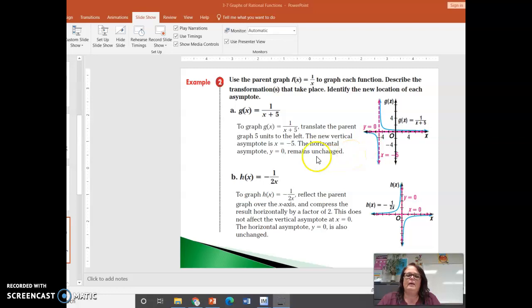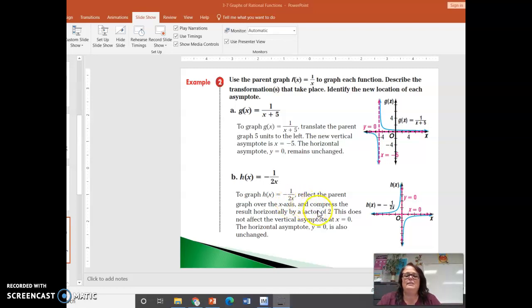So then looking at this one here, the negative is talking about reflecting with respect to the x-axis. So instead of being in the first and third quadrant like we're used to, it would reflect across the x-axis vertically, and now they're in the second and the fourth quadrant. Then this 2, that's a horizontal change. So if I take the reciprocal of it, that means that my scale factor would be 1/2.